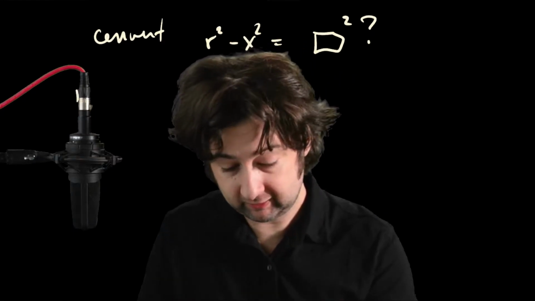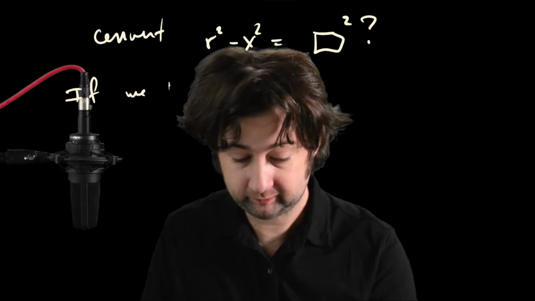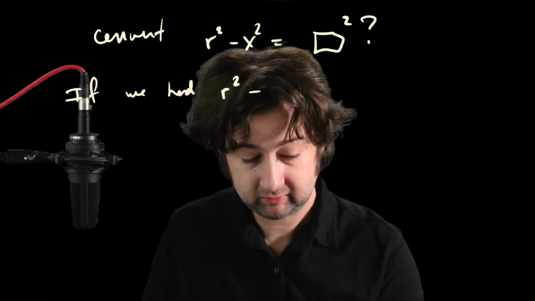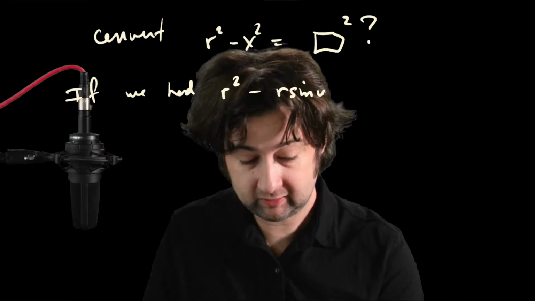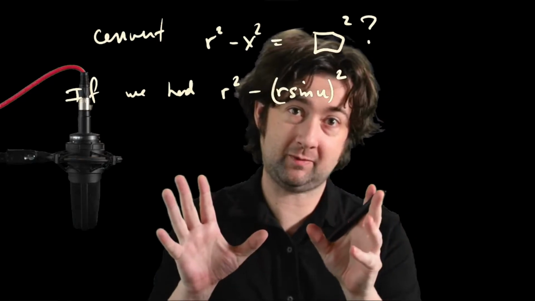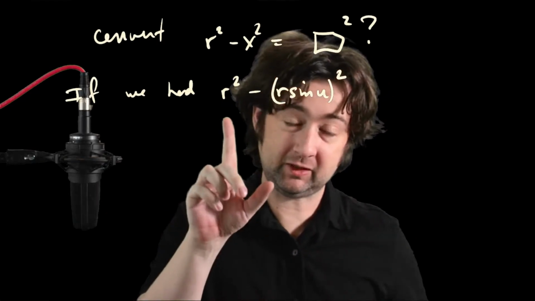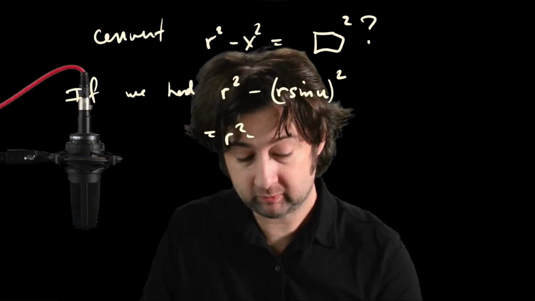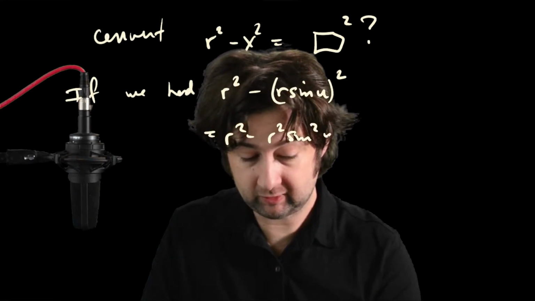So if we had that r squared minus, say, r sine of u squared. So I'm just going to switch the problem into a different problem here. So replace x with this r sine u, then what would happen? Well, this would be r squared minus r squared sine squared of u.